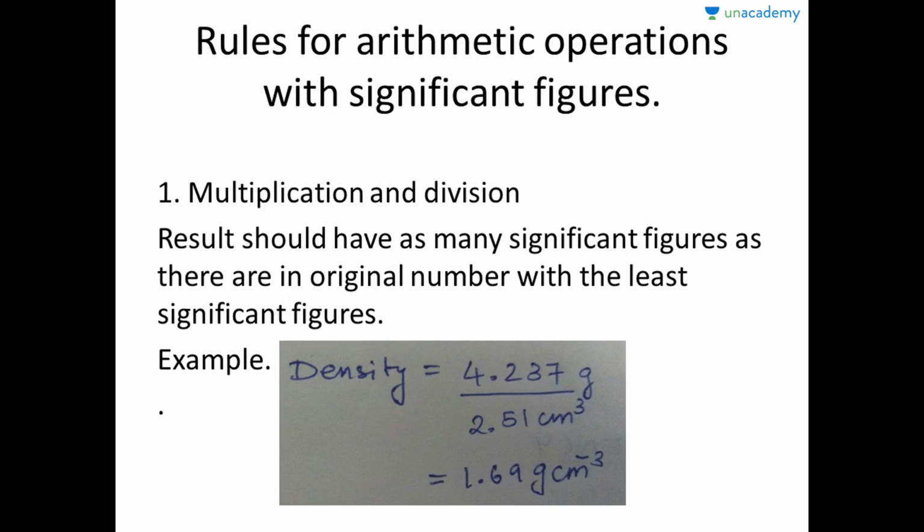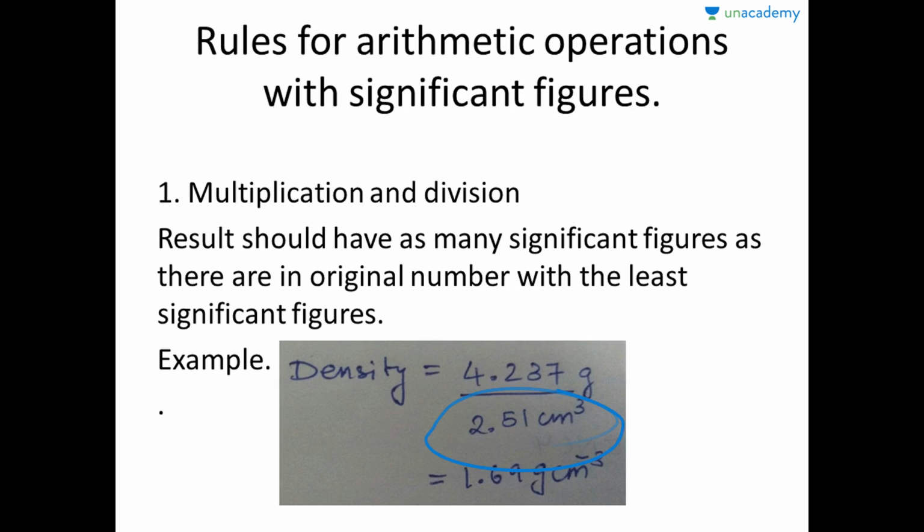Moving on, the rules for arithmetic operations with significant figures. For multiplication and division, the result should have as many significant figures as there are in the original numbers with the least significant figures. That is, in this example, for density, the mass is 4.237 gram and the volume is 2.51 centimeter cube.